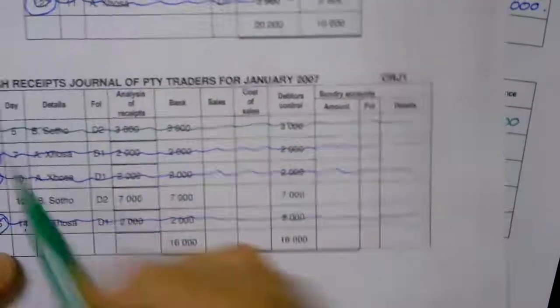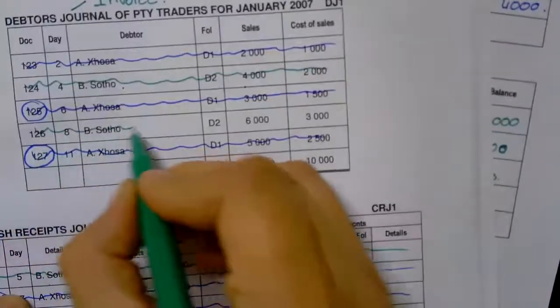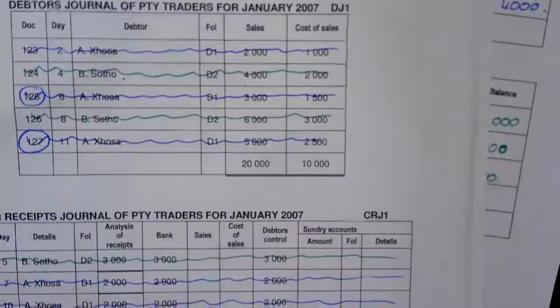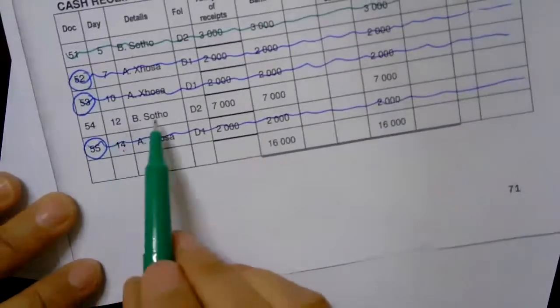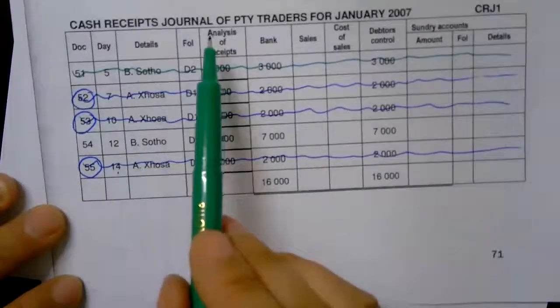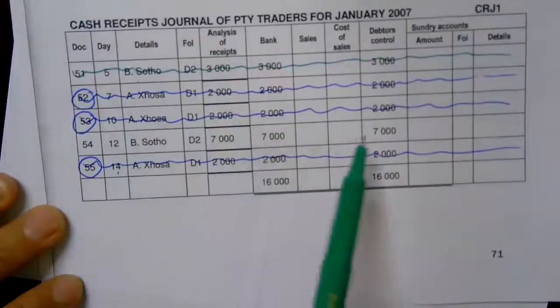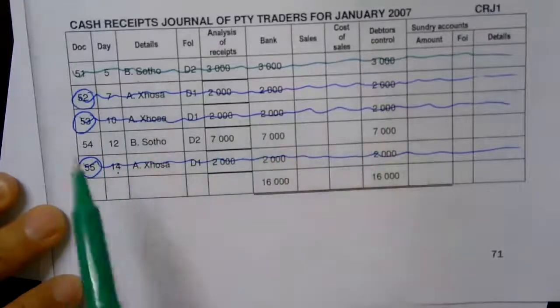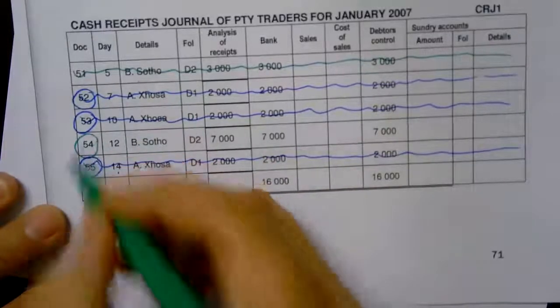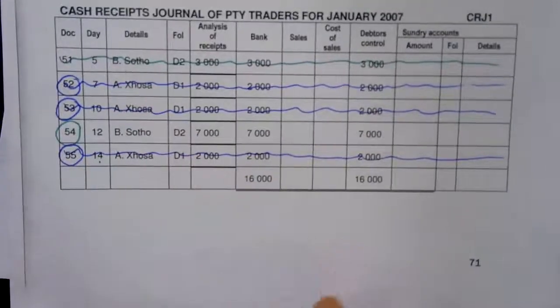Once you are done, you simply draw a line through the transaction, and then there's only one transaction left. On the 12th, B. Sutu paid 7,000 Rand to us for his debt, debtors control, and we issued a receipt to him with a number of 54.